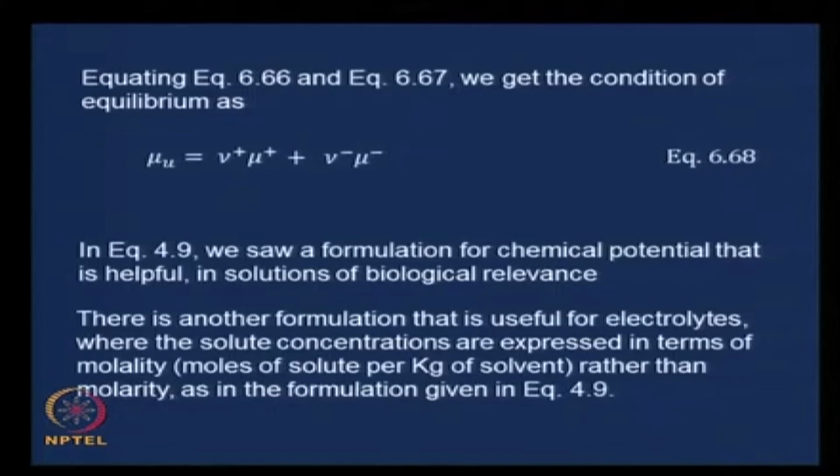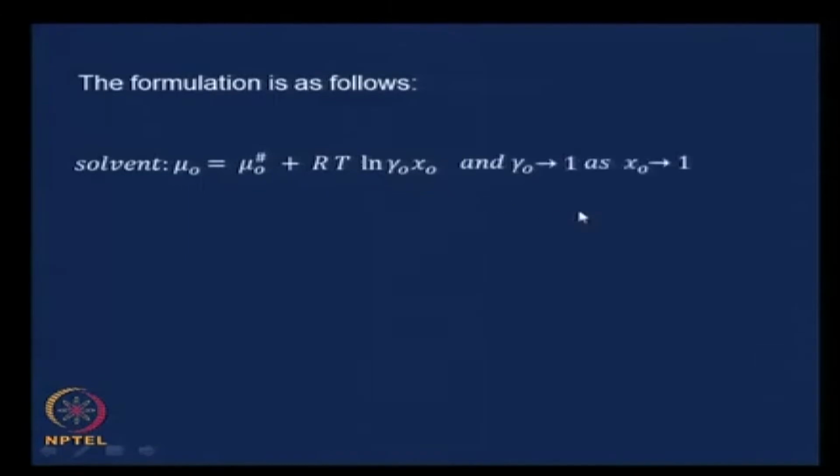And if we use this formulation, then we get for the solvent mu_0 equals mu_0 hash plus RT ln gamma_0 x_0, and of course gamma_0 tends to 1 as x_0 tends to 1, and for the solute we have mu_i equals mu_i triangle, if you want to call it that.